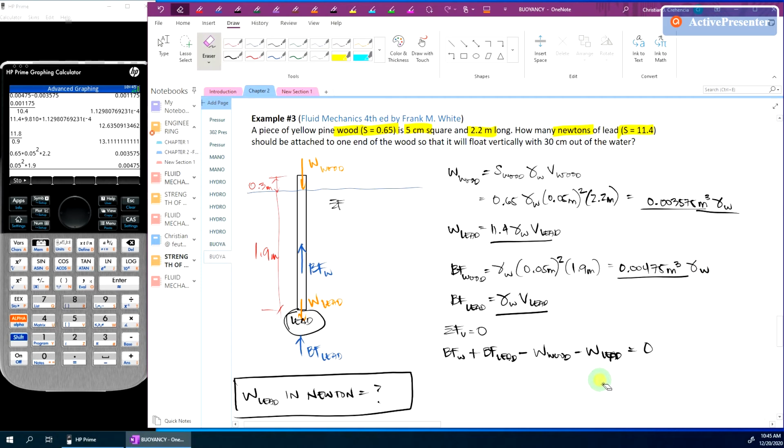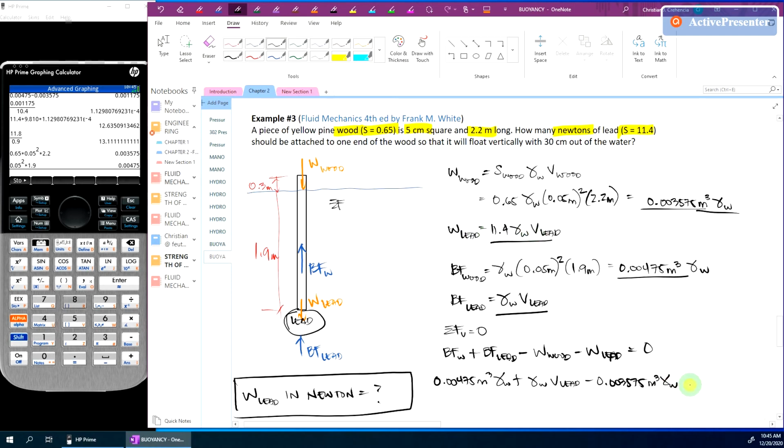Okay, so substitute natin yung mga values. So, buoyant force ng wood is equal to 0.00475 meter cube multiplied by the unit weight of water plus buoyant force ng lead. So, unit weight ng water, volume ng lead. Minus ng weight ng wood. Ito yun. 0.003575 cubic meter times the specific weight of water.